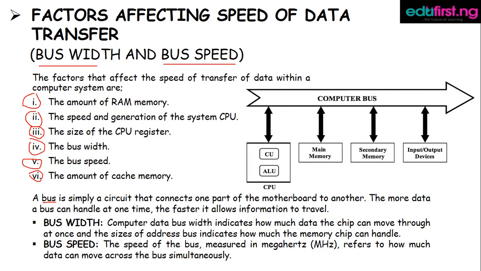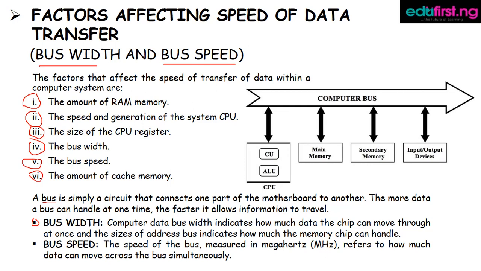So bus width: the computer data bus width indicates how much data the chip can move through at once, and the size of the address bus indicates how much the memory chip can handle. So the higher the bus width, the higher the amount of data that it can allow through.